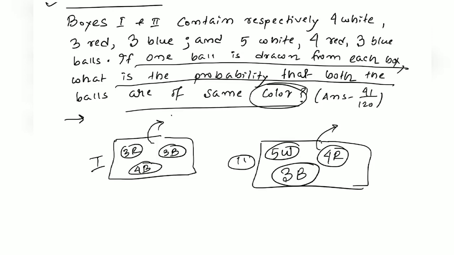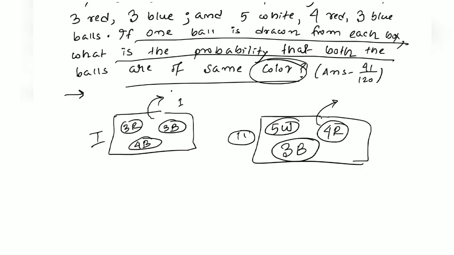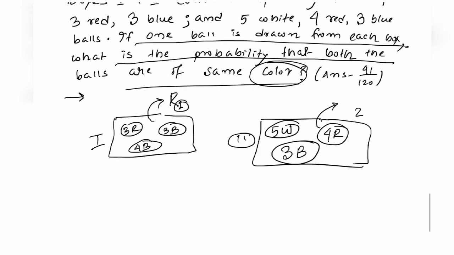Suppose balls drawn from here will be denoted with suffix 1, and whatever comes out here will have suffix 2. Suppose you get a red ball over here on the first draw, 1 meaning first draw. On the second draw, what is the probability that you will get R2 over here also?